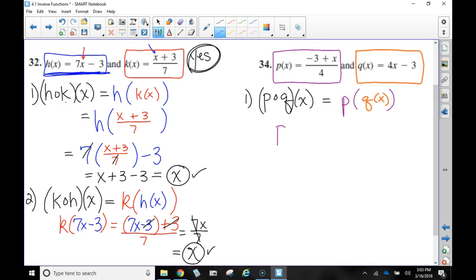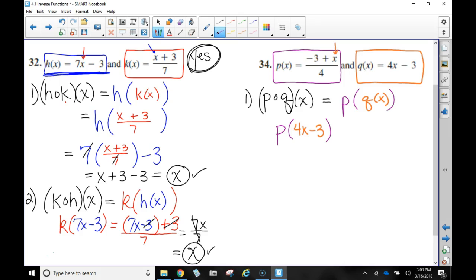So we're going to evaluate our outer function, the P function, at what the inner function is equal to, which is 4x minus 3. So let's do that. P evaluated at 4x minus 3 tells you to go to your purple function and where you have an x, plop in 4x minus 3.